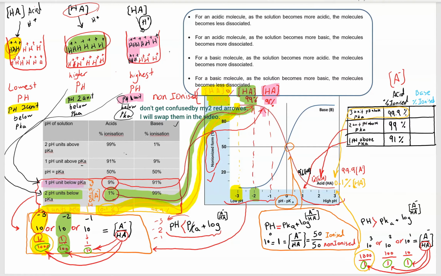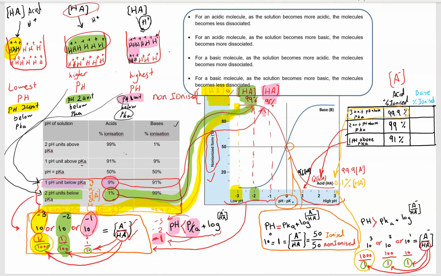So for the last one, pH is 1 unit below pKa. What does it mean? When your pH is 1 unit below pKa, you bring your pKa to this side, and then you will get -1. So -1 means that 10 to the power of -1 is equal to the ratio of ionized over non-ionized.